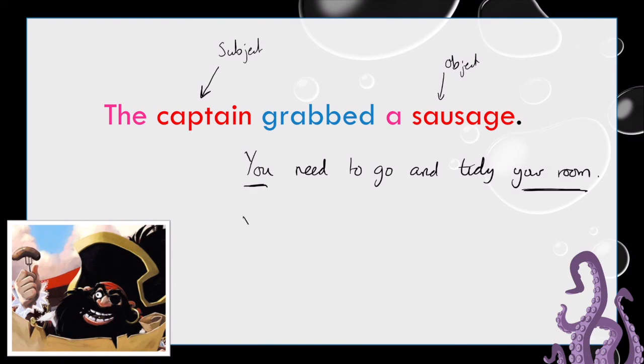And the mum goes, all right, your room needs to be tidied by you. Now the sentence is about your room. You are the object. So she changed the subject. She made the subject your room and not you. So when the boy said, can we change the subject? His mum did, but she was still talking about tidying. See, it's a grammar joke. They're kind of funny, but not particularly.